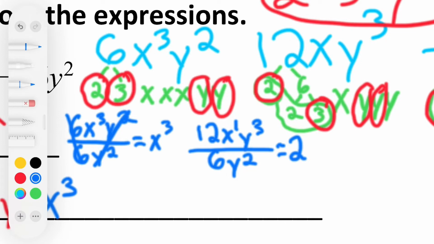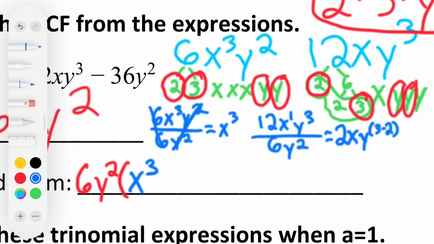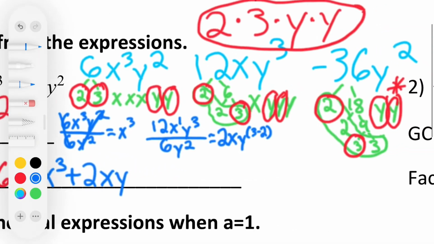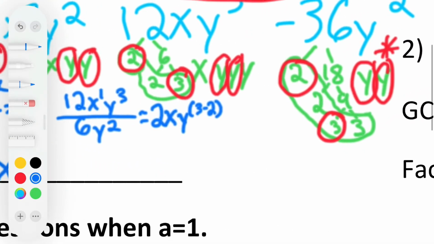There is not an x in the denominator, so just the x comes out by itself. And then we have y to the 3 minus 2 because we're dividing. So that simplifies to positive 2x times y to the first. We don't have to put the first.